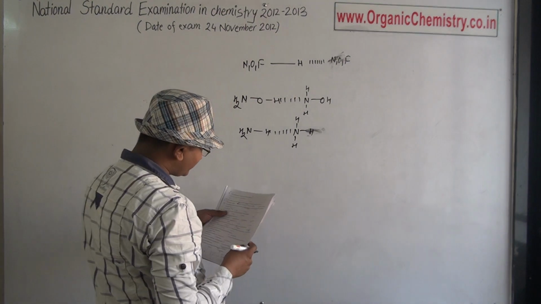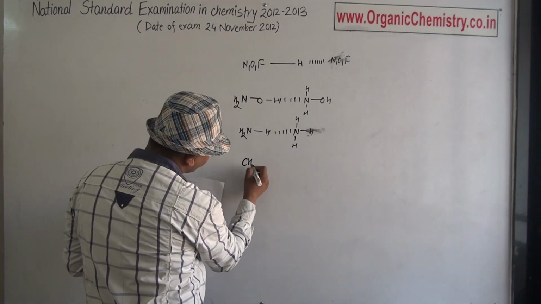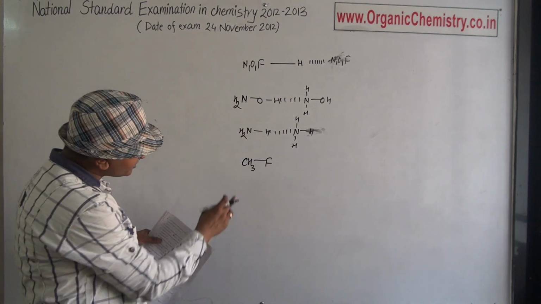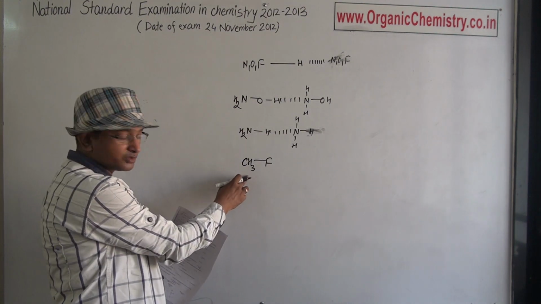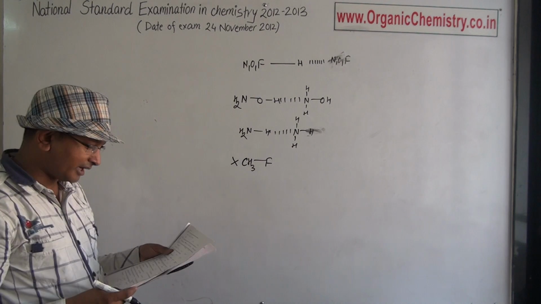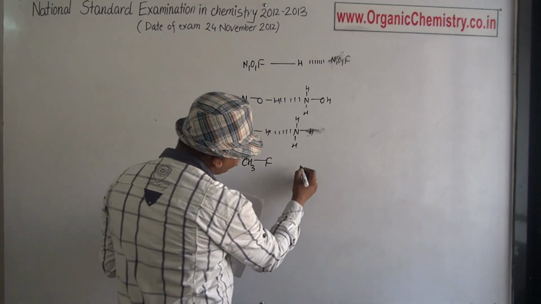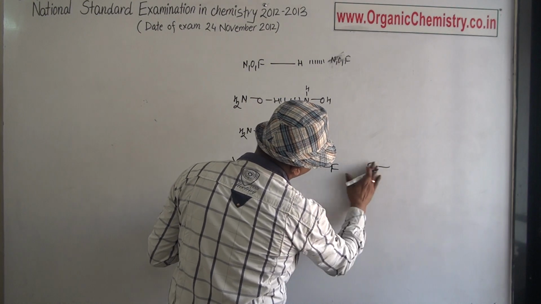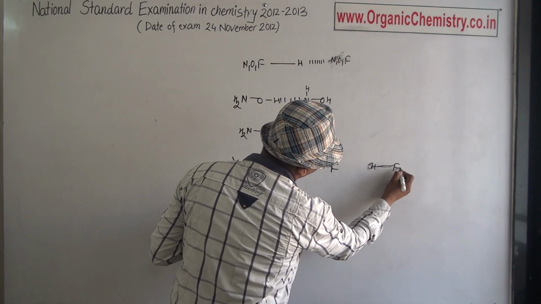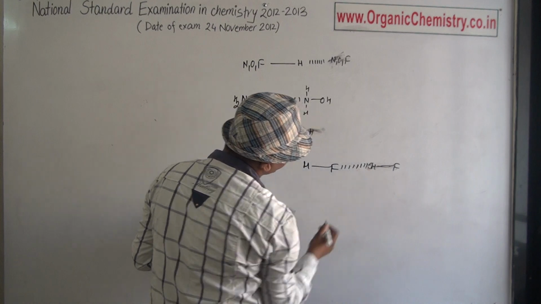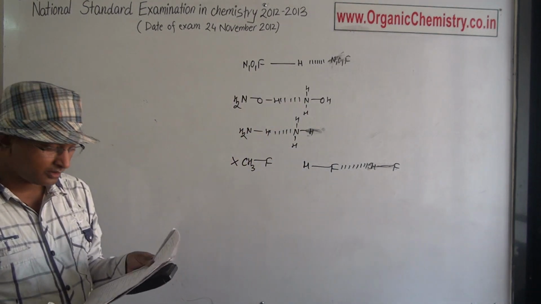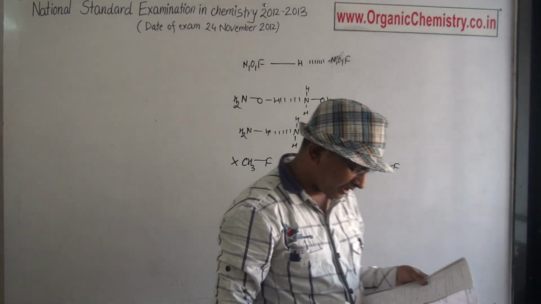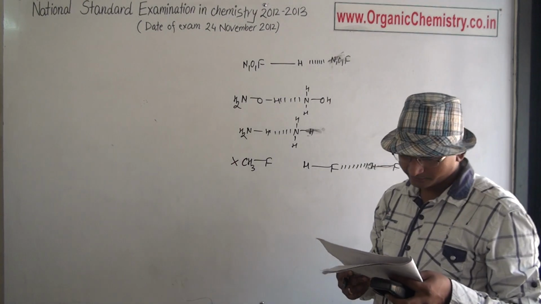Third is CH3F. Here hydrogen is attached with carbon, so no tendency to form hydrogen bonding. And last is HF. This particular again has the tendency to form hydrogen bonding. So the answer is CH3F. That is C.